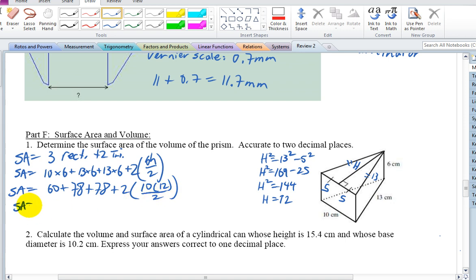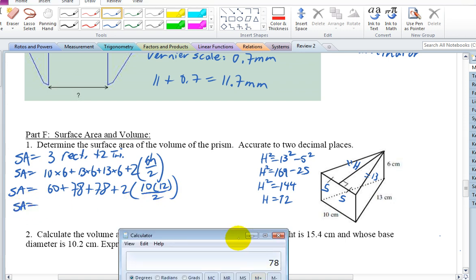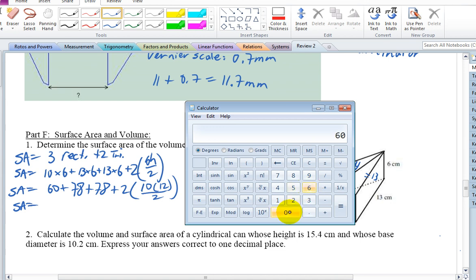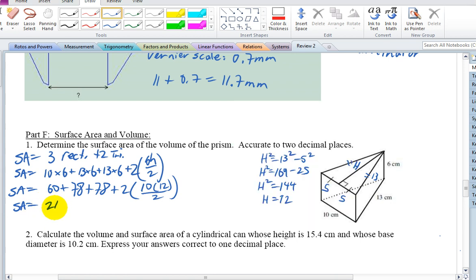So surface area equals, what's 60 plus 78 plus 78? 216 plus 120, 336 centimeters squared.